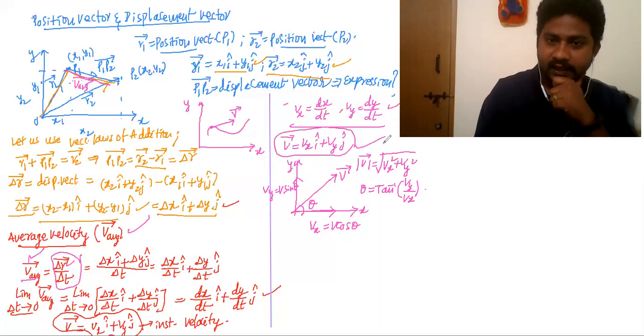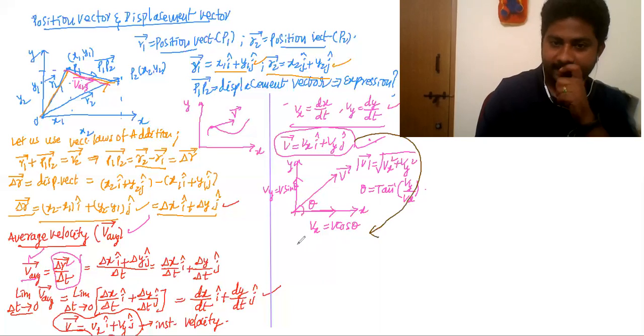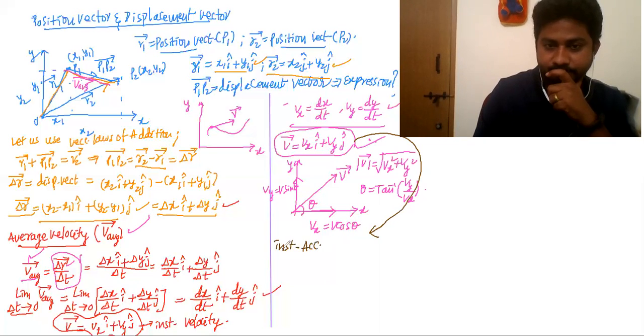In the same way, if you know this, from here you can also find the acceleration, my dear students. So from this, you can find the acceleration. What is the acceleration here? Instantaneous acceleration can be found in this way, a bar.